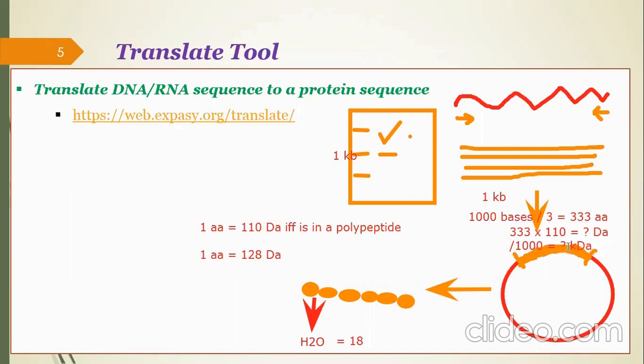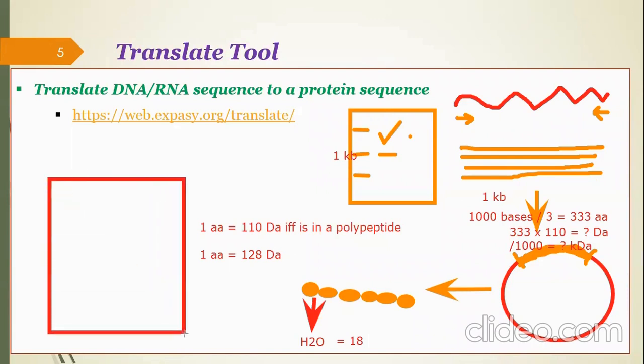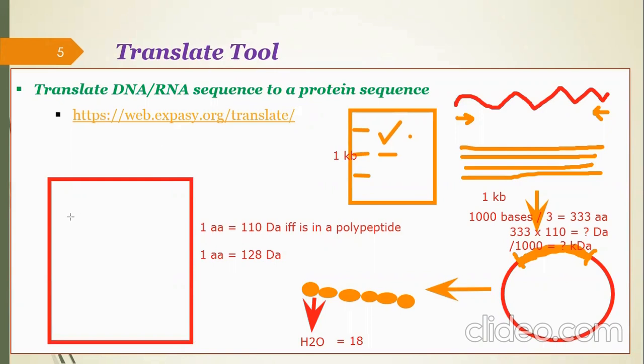Am I clear? So if I get 30 kilodalton or 10 kilodalton, now I have the expression of this protein in an expression vector. I run the same on an acrylamide gel, a polyacrylamide gel. If I run that, I will have the protein ladder, and if I run the protein on this gel, I will get the size of the band.